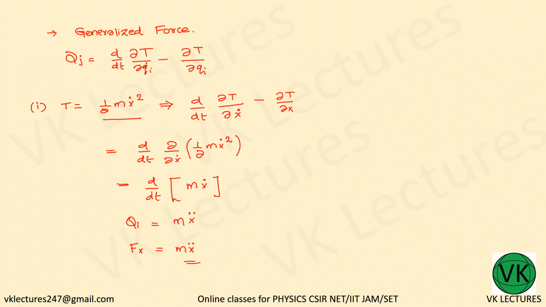Now let's take the second question. Let T be equal to half m times r dot square plus r square theta dot square.